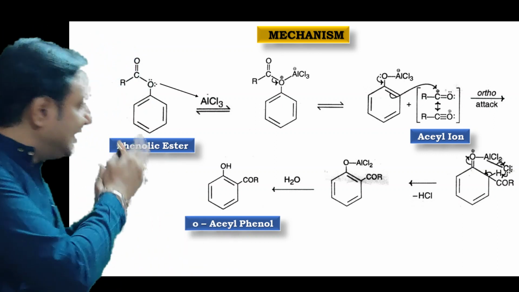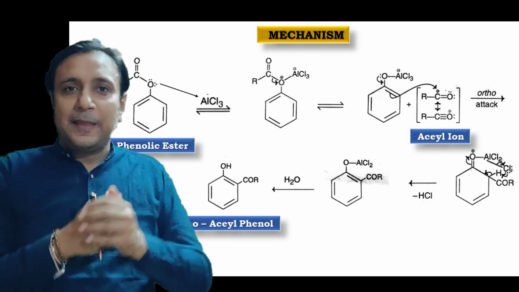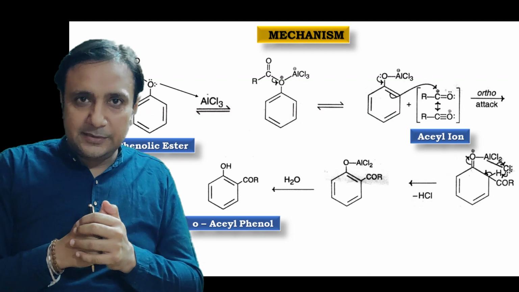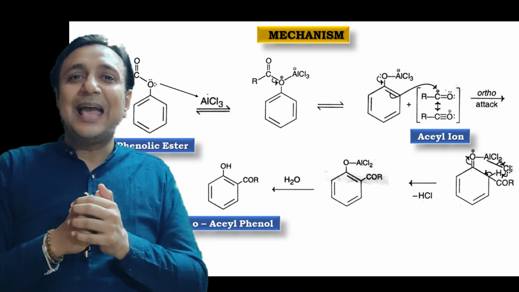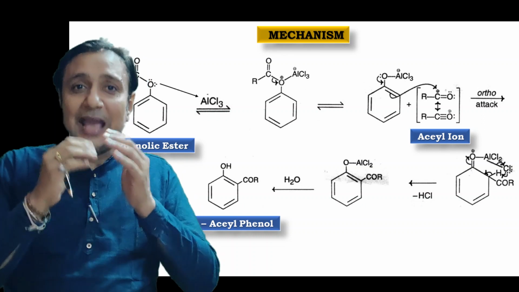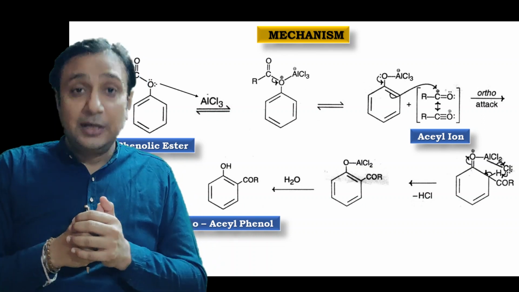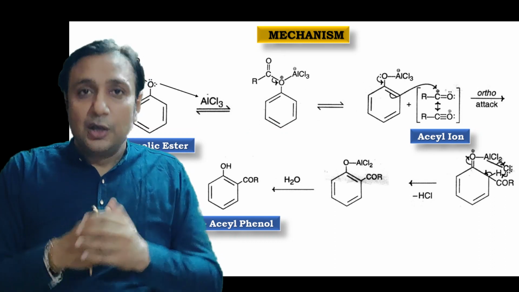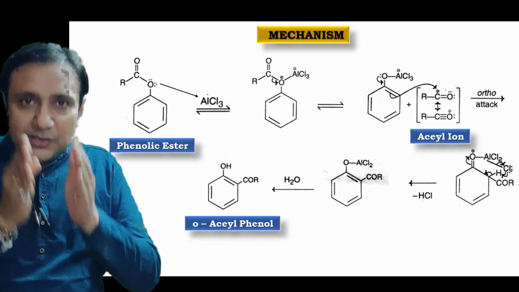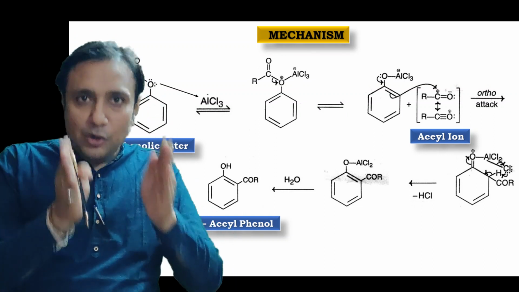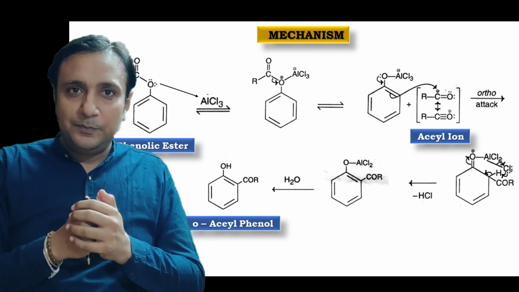Now this intermediate is converted into two different components. First one is the acylium ion and second one is phenoxyaluminium trichloride. The question is how it can happen. So first of all, the bond between carbon and oxygen will be broken.